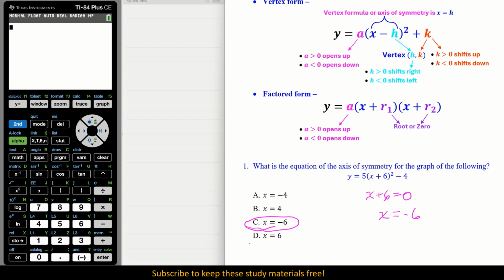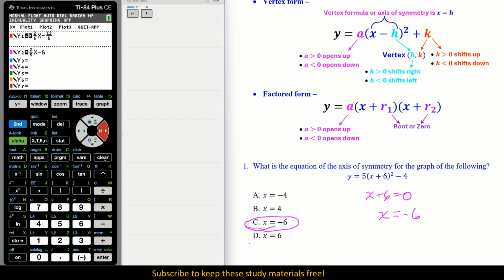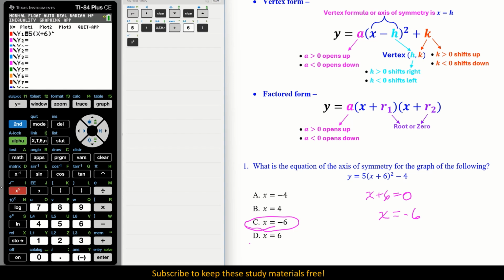All right, so let's go to our y equals and clear some things out from a prior video. Now, we have y equals 5, open parentheses, x plus 6, close parentheses, square that thing, and let's go -4.